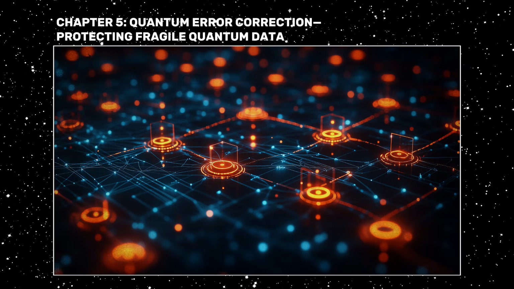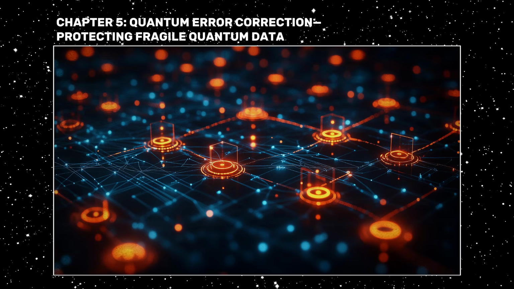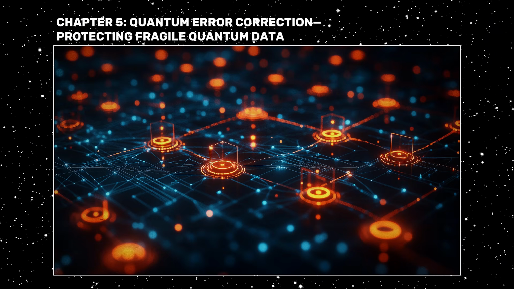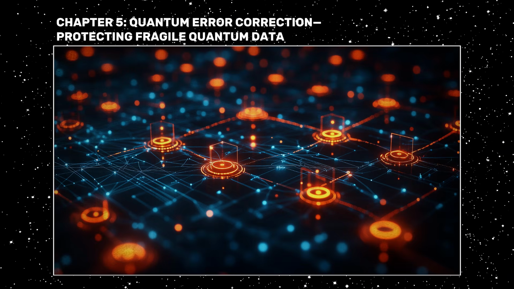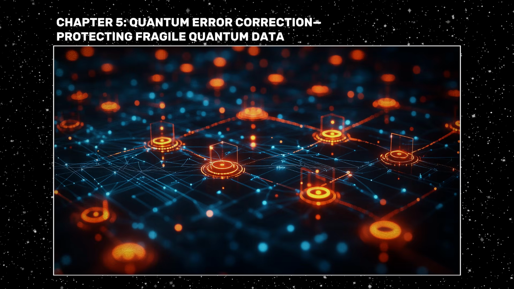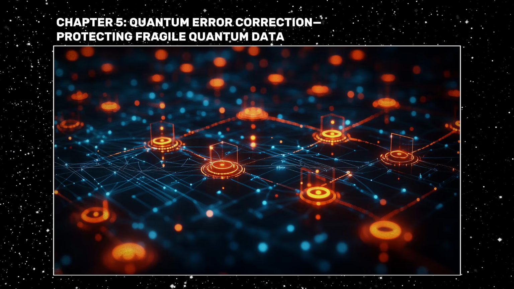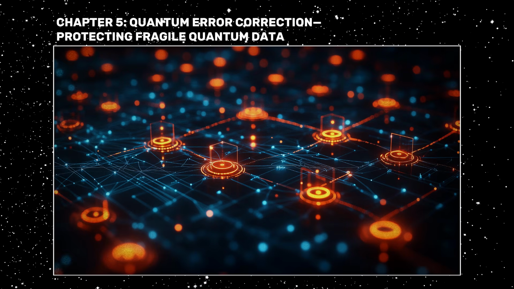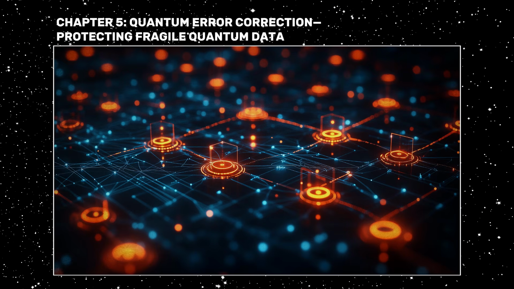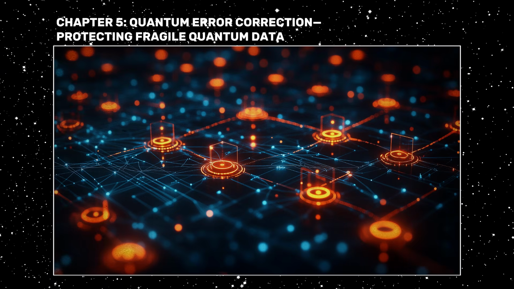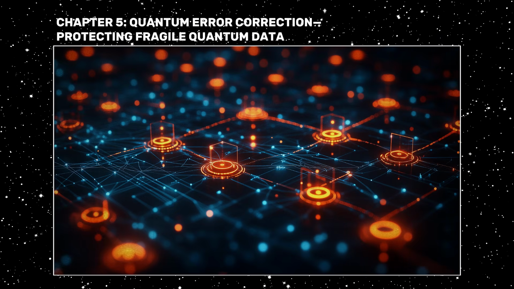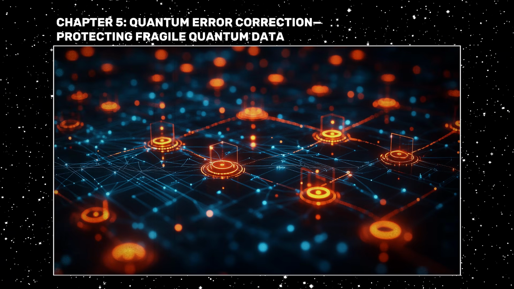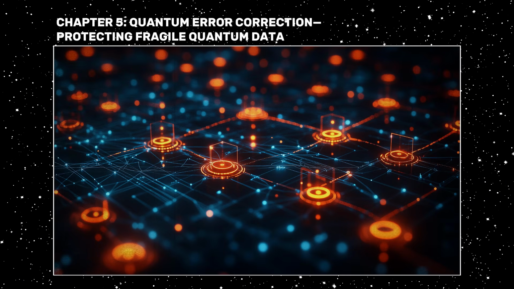Second, quantum measurements generally destroy the superpositions and entanglements that encode information, preventing direct inspection of qubit states. Overcoming these hurdles required inventing novel schemes that protect quantum information indirectly by spreading logical information across multiple physical qubits and using carefully designed measurements that reveal error syndromes without collapsing encoded data.